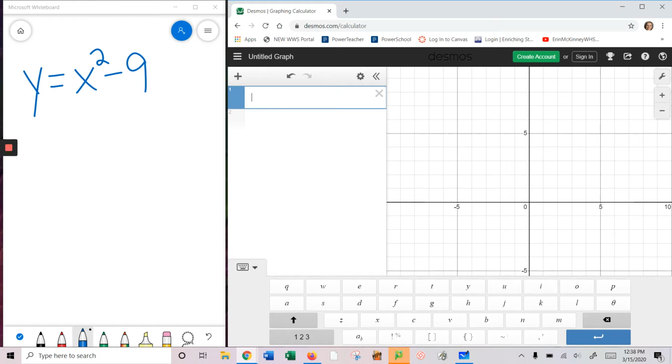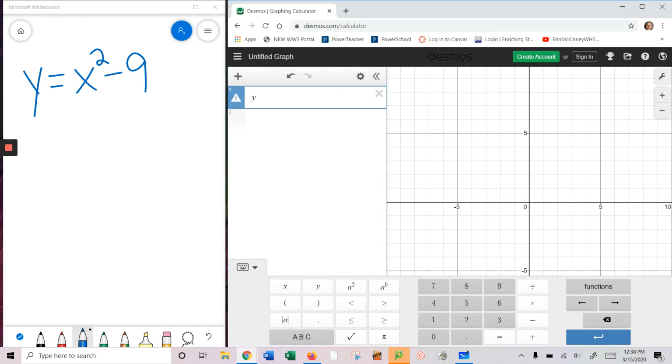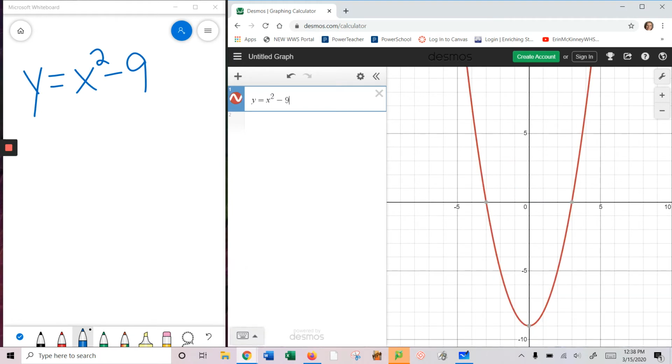Okay, so we will type in y equals x squared minus 9. I typed in this equation over here exactly like what my equation was. And so now I have this graph over here where what I'm looking for is the x-intercepts. So I am looking to see where this crosses the x-axis.